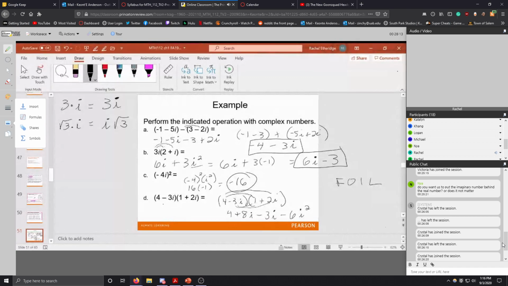Okay, so there's 2 things we need to do here, and I will start shortcutting this a little bit in a few minutes, but for right now, I'm going to just plug in. So I know I'm going to have a 4, 8i minus 3i. Those are like terms, so I can combine those. So that's going to give me negative 5i, 8 minus 3 attached to i.